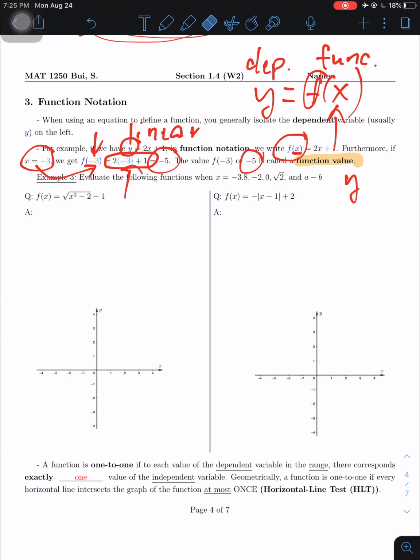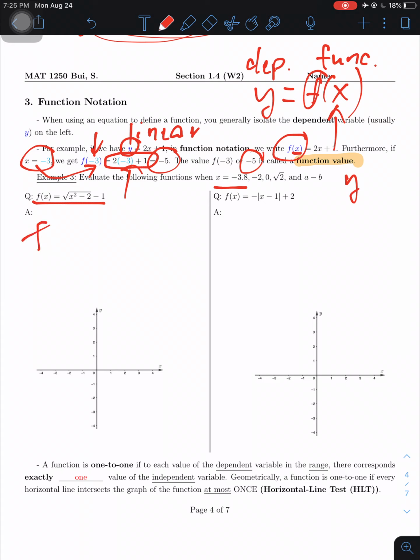Alright, so we have a function right here. And again, let's do x equals -3.8 first. Okay, how do I do this? Well, I'm going to plug in -3.8 for x, right? So I'm having f of -3.8. Let me connect this.